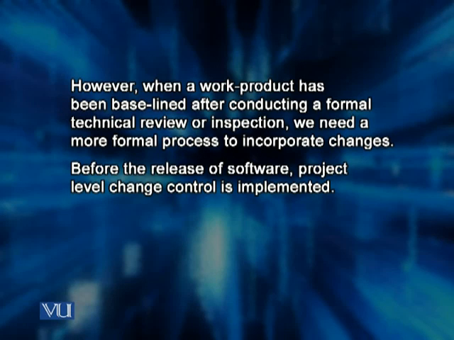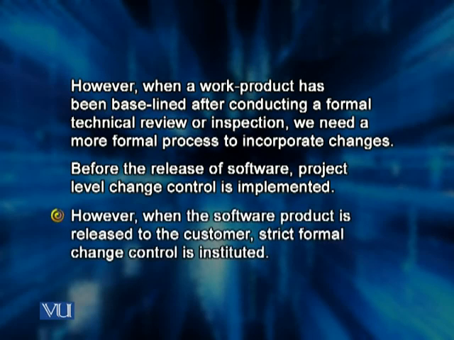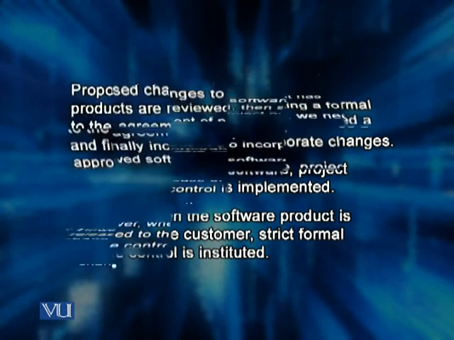In those scenarios, we have formal but project level change control. However, when the project or the product is delivered to the customer, we need to have a strict formal change control process in place to incorporate any changes in the software product.